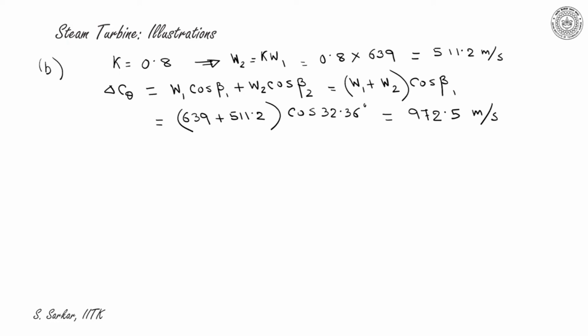Now, tangential thrust PT, as I've indicated earlier, would be equal to m dot into del C theta. That is m dot, we know, 0.75 kg per second, into del C theta, which is 972.5.